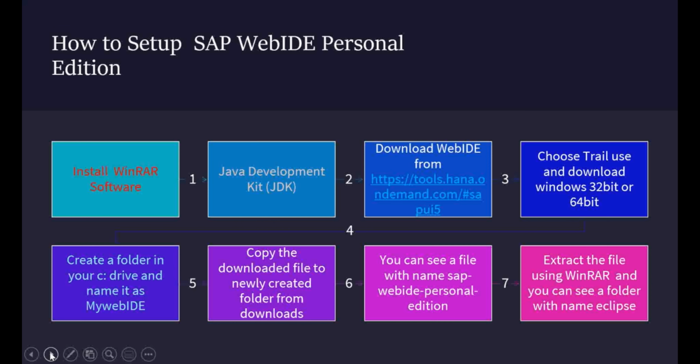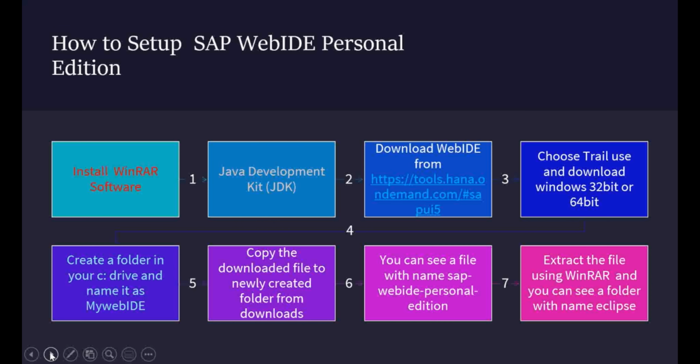After reaching the site, we have two options. One is trial use, the other one is productive use. In this scenario, we are using the trial use. We can use 32-bit or 64-bit while downloading WebIDE based on your system configuration.